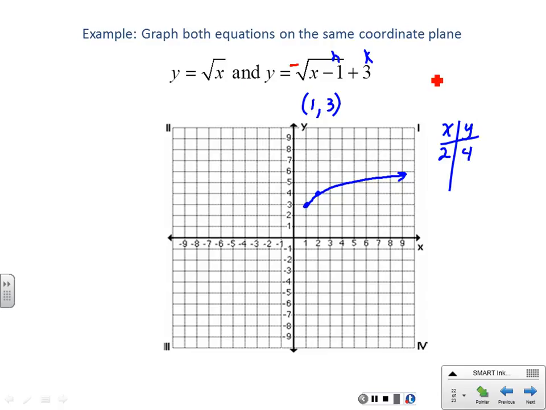If you plug in 2, 2 minus 1 is going to be 1, square root of 1 is going to be 1, but you got to take the opposite, so it's going to be -1, plus 3 is going to be 2, right? If you did the t-chart, and we're just pretending that there's a negative sign in front, you would have an ordered pair of 2, 2, and so you can see that that negative sign flips it down this way. Okay?